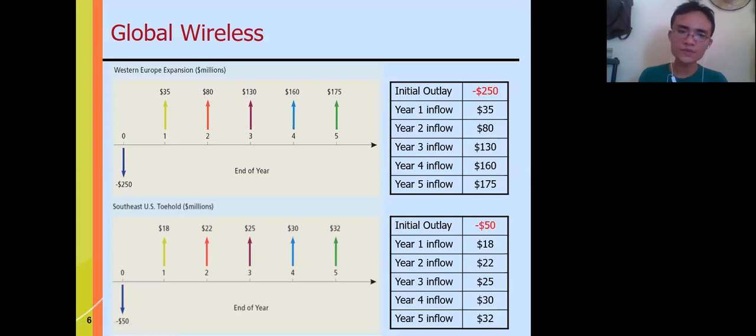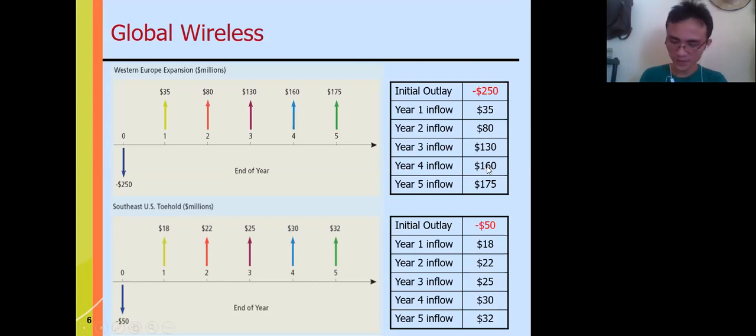So I repeat, 1, 1, 1. The cumulative total inflows would be lesser than the total cost of investment. And with that, we still have to continue our analysis. 245, that is just lacking $5. So we continue our analysis to year 4. And then we stop there.